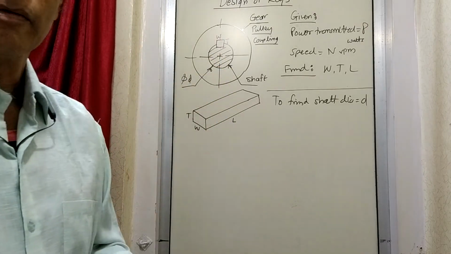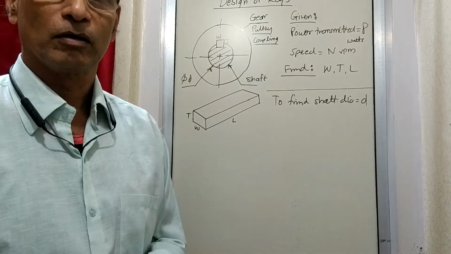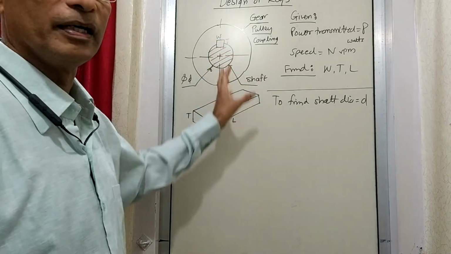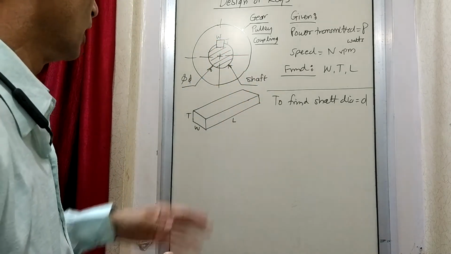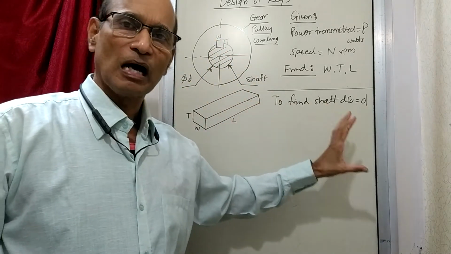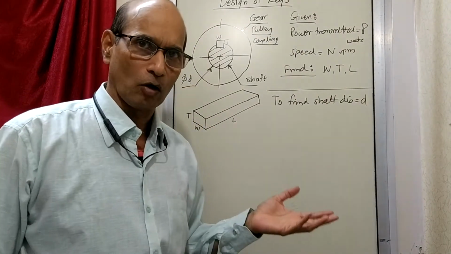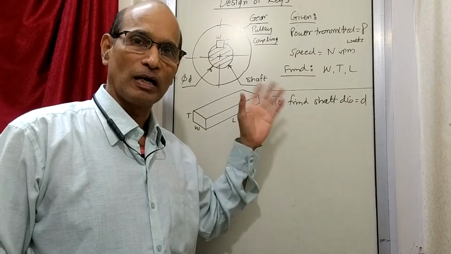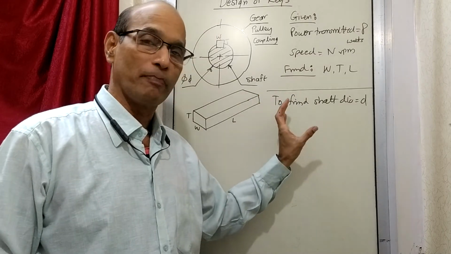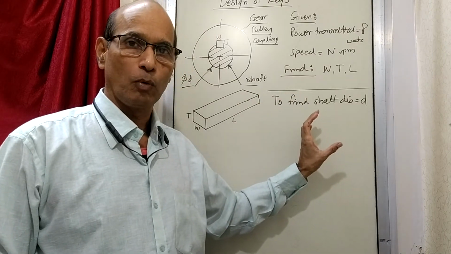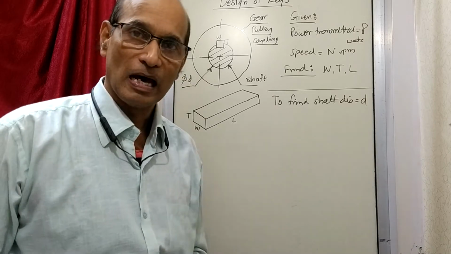We want to first find out the shaft diameter, because the other things are related to the diameter of the shaft. Designing a shaft is a vast exercise which we are going to learn later on. At this time we are just going to do a very simple preliminary workout to find out the diameter.